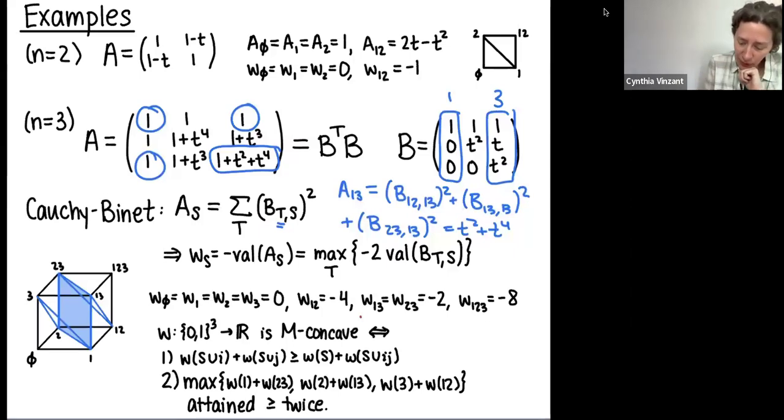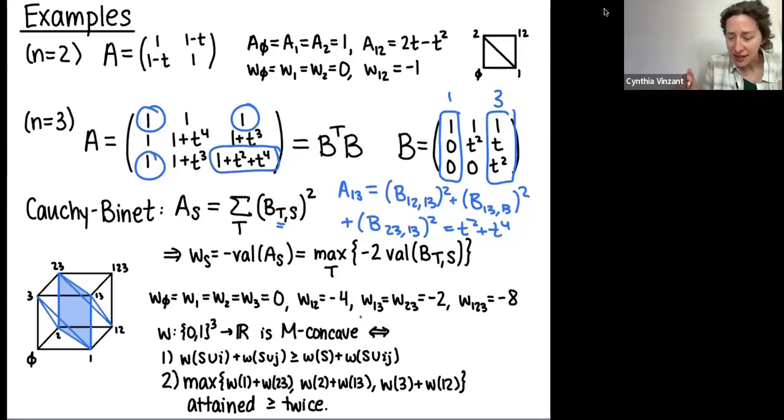And so what that means is, if we want the valuation of A13, or the minus valuation, I'm using max as a convention, then we can just look at the maximum of the negative valuations of each of these individual terms, and that will give us the right answer. In this case, the lowest degree term is t squared, nothing coming from this minor, and nothing can cancel out with that. So that term will survive.